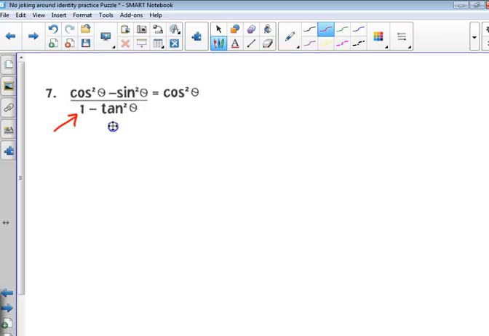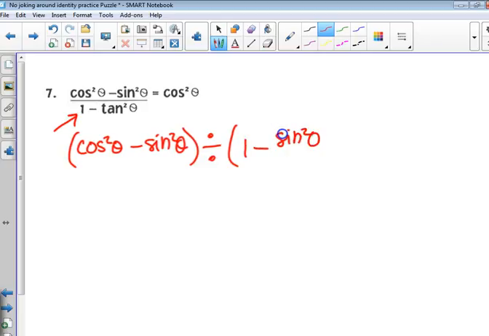we could do sine squared over cosine squared. I'm just trying to figure out if there's something. You know what? Let me think about this for a minute. If I just leave the numerator, okay? It's being divided by 1 minus sine squared over cosine squared. Okay, what if just in this parenthesis I get a common denominator?